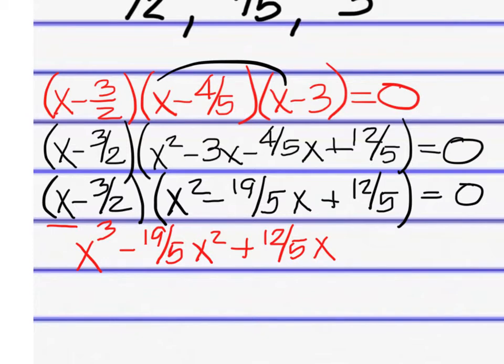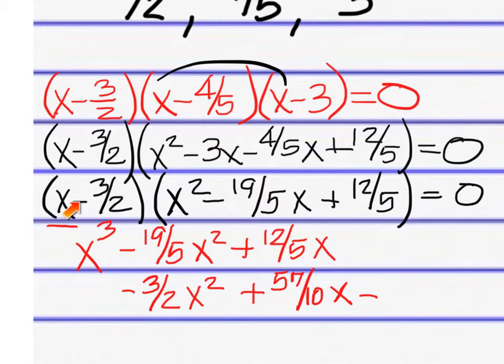And now you have to move to the minus 3 halves. Multiply this by each item in here, a negative 3 halves times each item. So that would give me a negative 3 halves x squared, and then plus 57 over 10 x, and then minus 36 over 10.